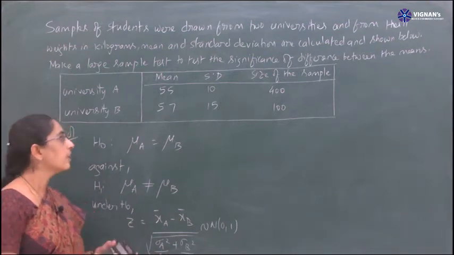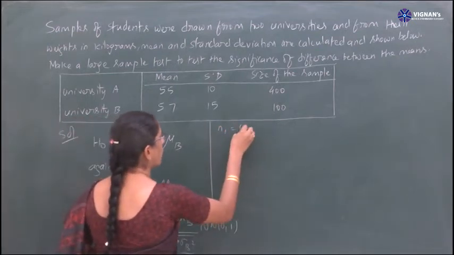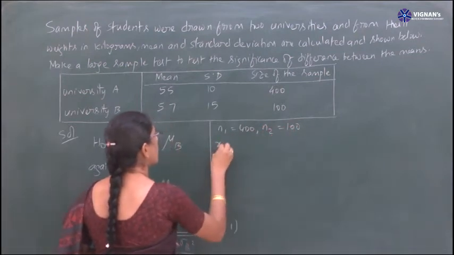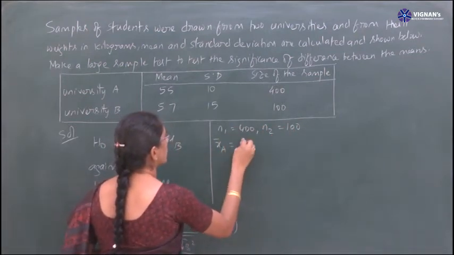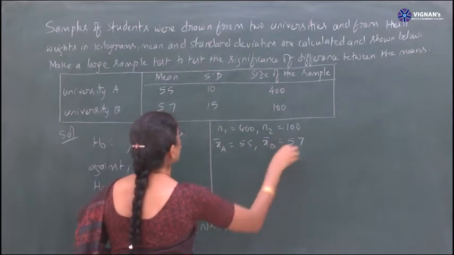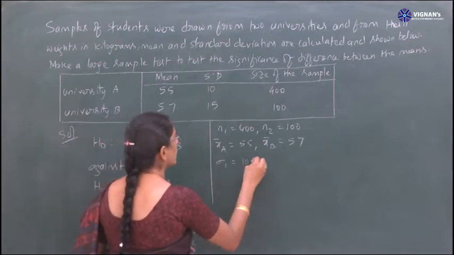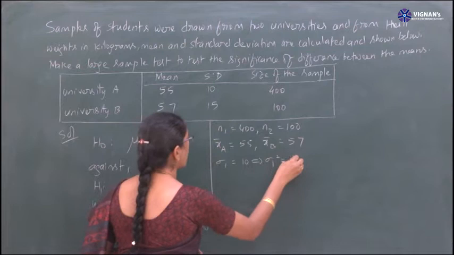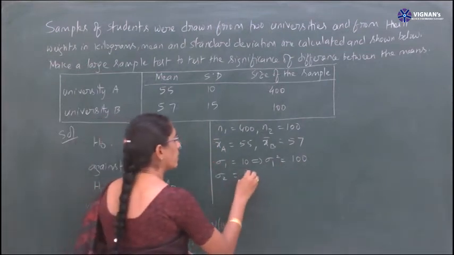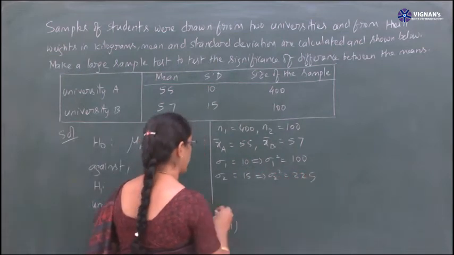Now if you move on to the given data, n1 is 400 and n2 is 100. x bar A is 55 and x bar B is 57, and sigma 1 is given as 10, which implies sigma 1 square is 100, and sigma 2 is 15, which implies sigma 2 square is 225.